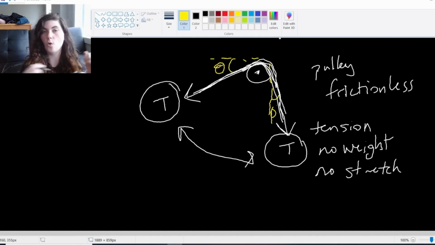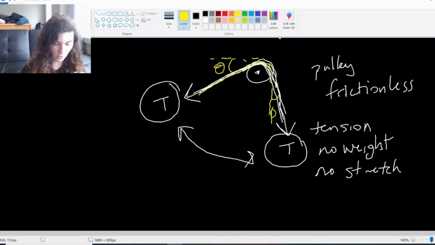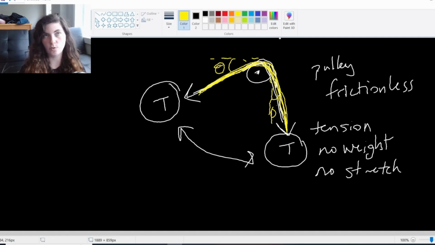The tension is always going to be the same throughout the rope, because this is one cohesive rope that stretches over the pulley, and there's no friction to change the force. So the force that is coming out from one end of the rope is going straight through to the other end of the rope. So we'll look at a spring example and then a pulley example to really see how these things work.